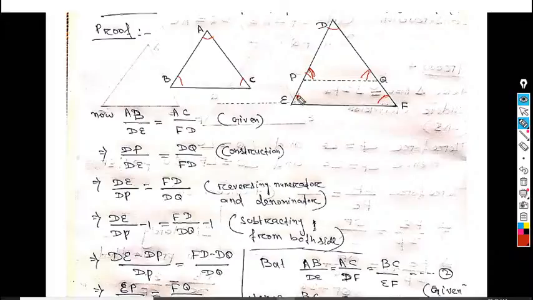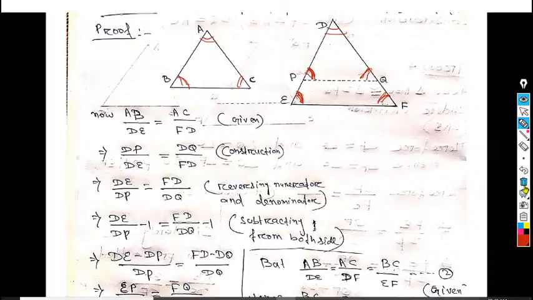So angle P is equal to angle E, angle Q is equal to angle F. Before, angle B was equal to angle P, and now angle P is equal to angle E, so angle B must be equal to angle P, which equals angle E. Very simple. Angle C must be equal to angle Q, which equals angle F, isn't it? And angle A would definitely be equal to angle D. Why? When two angles are equal, the third angle is bound to be equal.